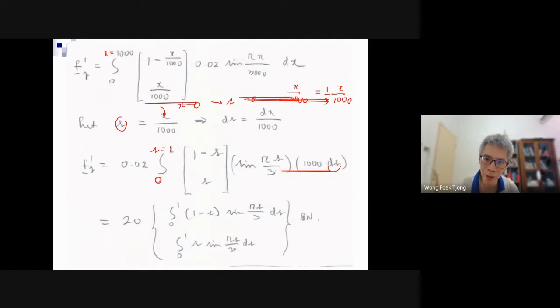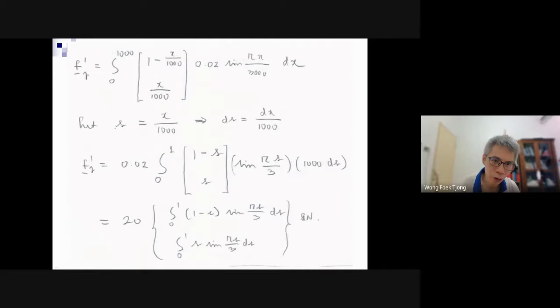So in other words, we can write it like this. That's the reason why I choose this variable s, to simplify the expression in the integrals. Now it becomes, just multiply this one, right? s times sine of pi s over 3.